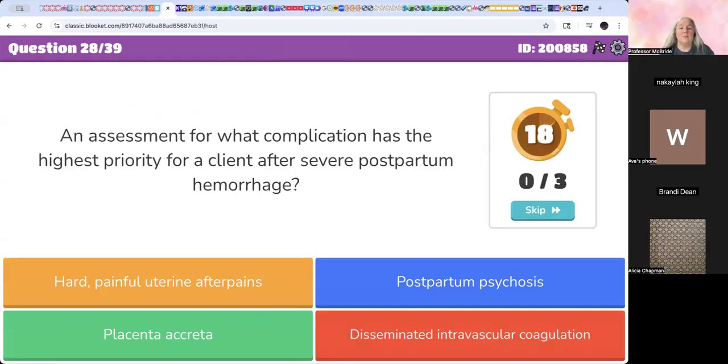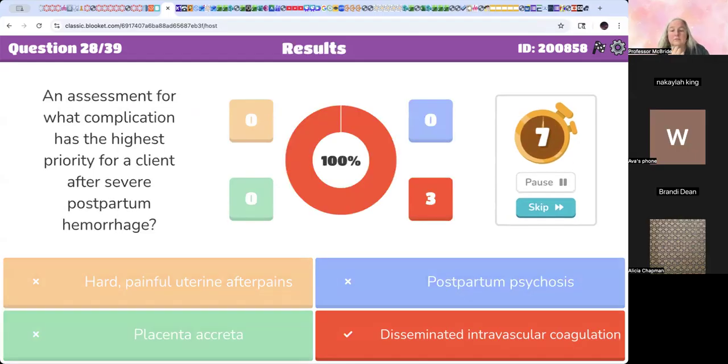An assessment for what complication has the highest priority for a client with severe postpartum hemorrhage? Good. Yeah, that's really good. You guys all got this. So if she is having a postpartum hemorrhage, we need to be watching for DIC. What might we see with DIC?